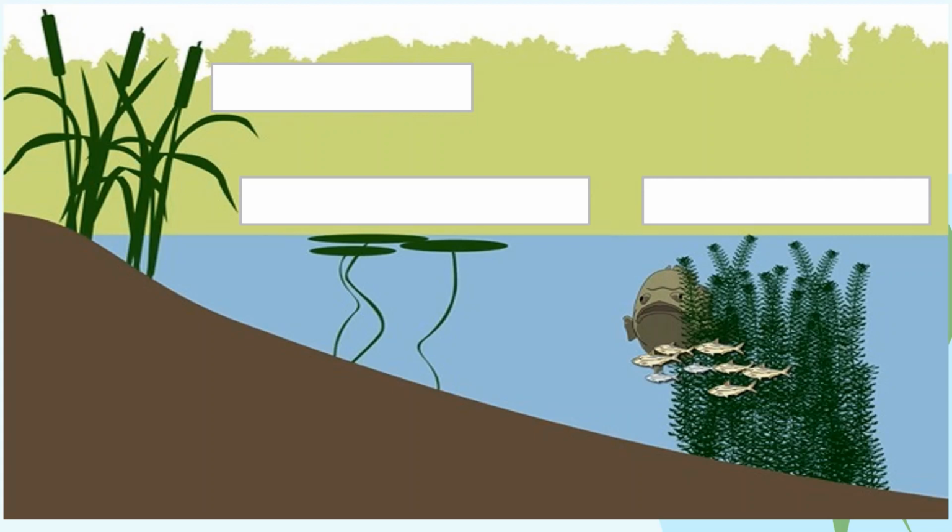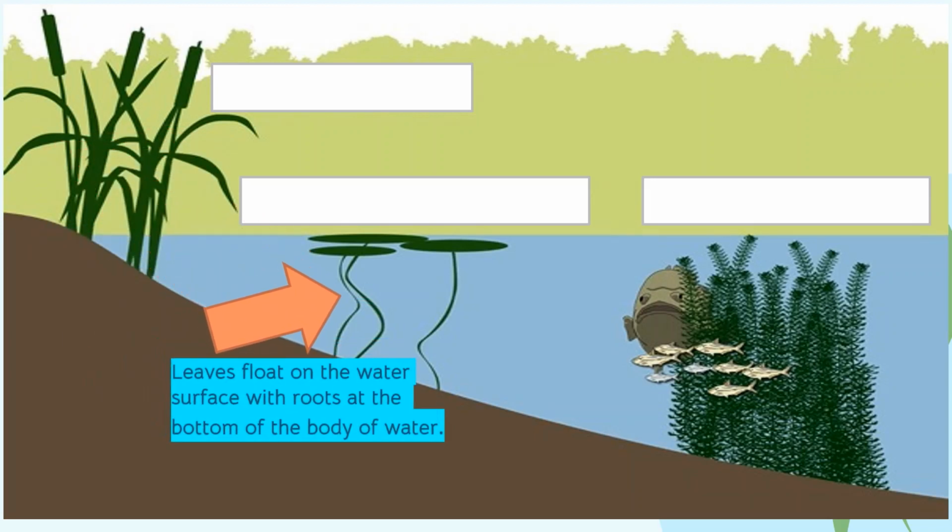Are you ready? Let's begin. Leaves float on the water surface with roots at the bottom of the body of water. What is it? It is a floating plant.